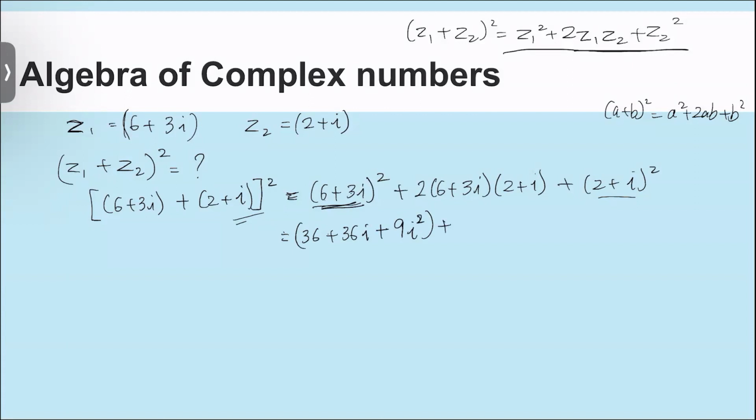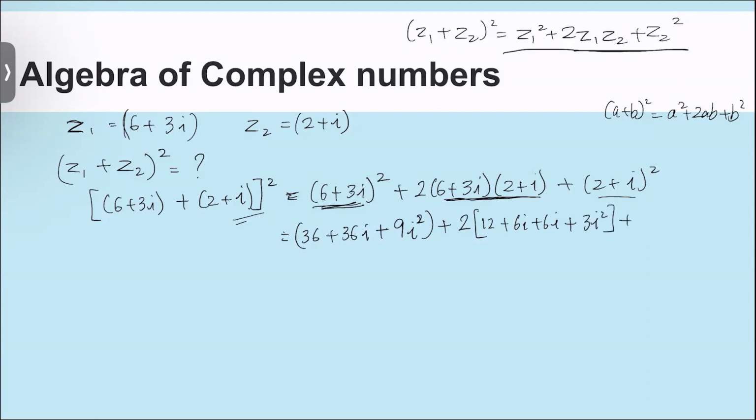Now for the middle term, you can keep 2 out for now, and just follow the normal distributive law for multiplication. So this will be 12 plus 6i plus 6i plus 3i squared.